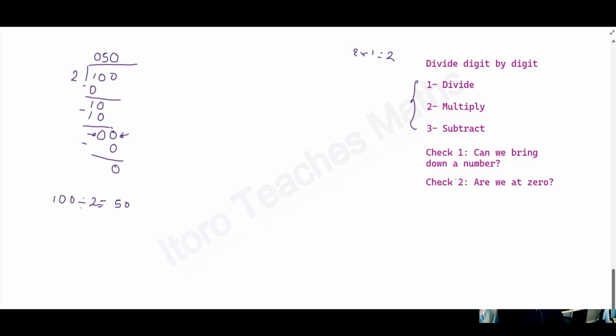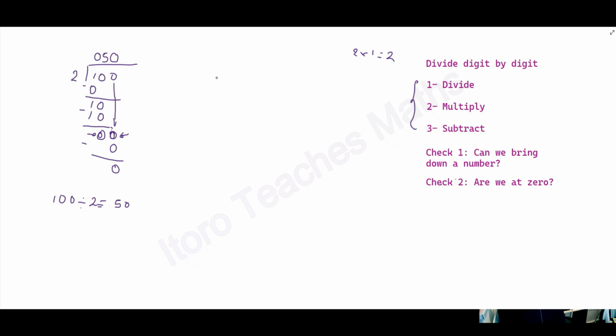And even though we brought this down and it's still 0, we still need to go back through the top and do the divide, the multiply, and subtract. It's only at this point that we check again if we can end there. But because we brought down a number here, we can't end here. So it's just one to pay attention to. We'll do a few more.